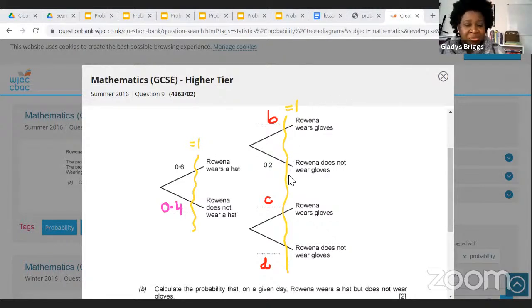Why do you think it would be 0.8? They all have to add to 1. She does not wear gloves is 0.2. D should be 0.2 as well if this one is 0.2. And B and C should carry the same weight. So what are B and C going to be then?